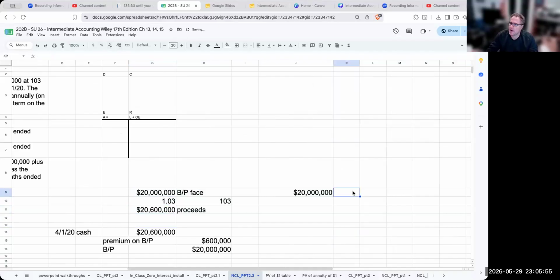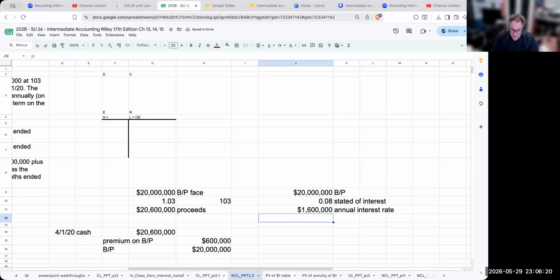To figure out the amount of cash that's being paid for interest, I'm going to take the face amount of the bond and multiply it by the stated rate of interest. But remember, this is always an annual rate. So the annual rate of interest is going to be 1.6 million.